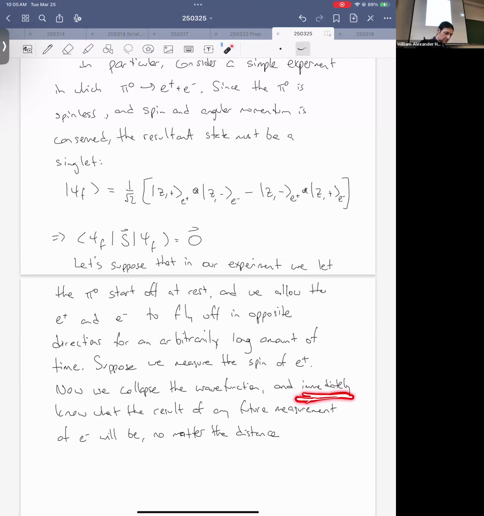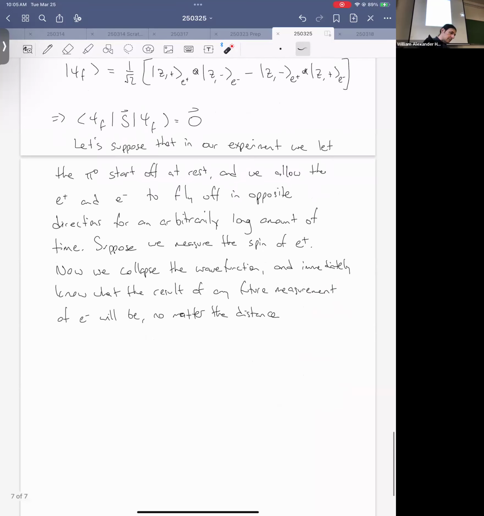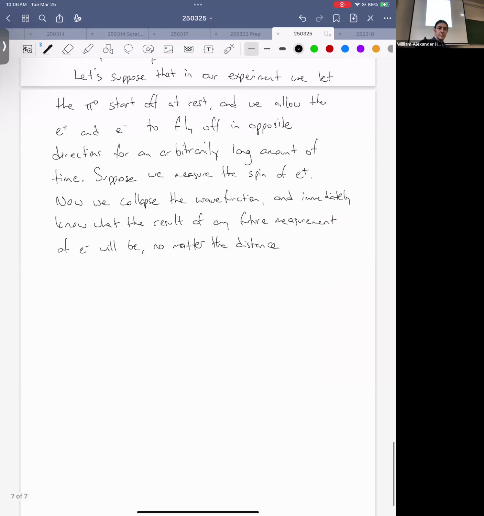Emphasis on immediate. So I have written down a derivation.